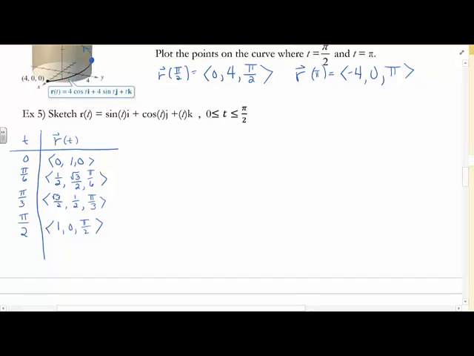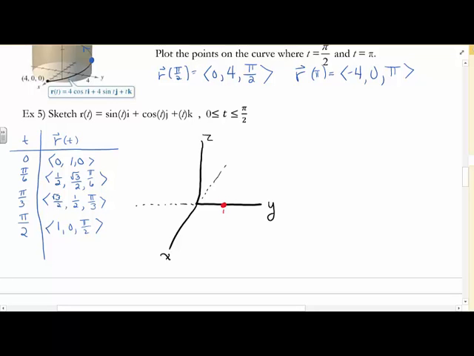So how do I plot this? Well, here's how. I make my x, y, and z axes. And then I start plotting points. So 0, 1, 0 is right about here. We'll call that 1. And then 1/2, root 3 over 2, pi over 6 means I'm going into the positive x.